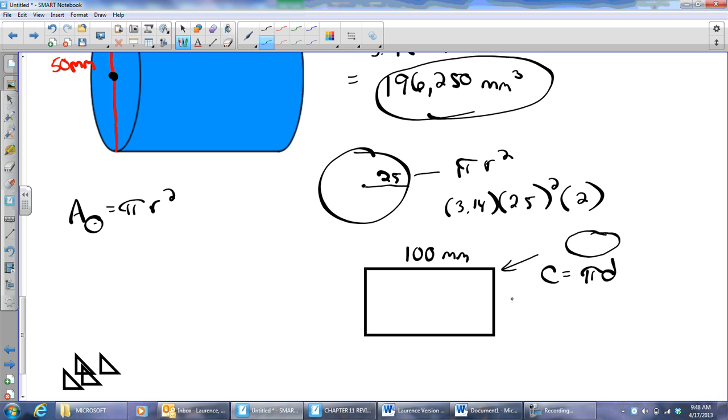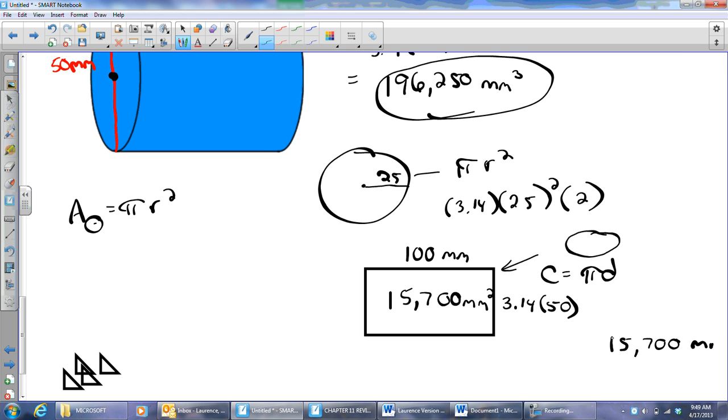So to do this side, I'm going to do 3.14, and I'm going to multiply by 50. Okay, so I'm going to do 3.14 times 50 times 100. And that ends up with 15,700 millimeters squared.